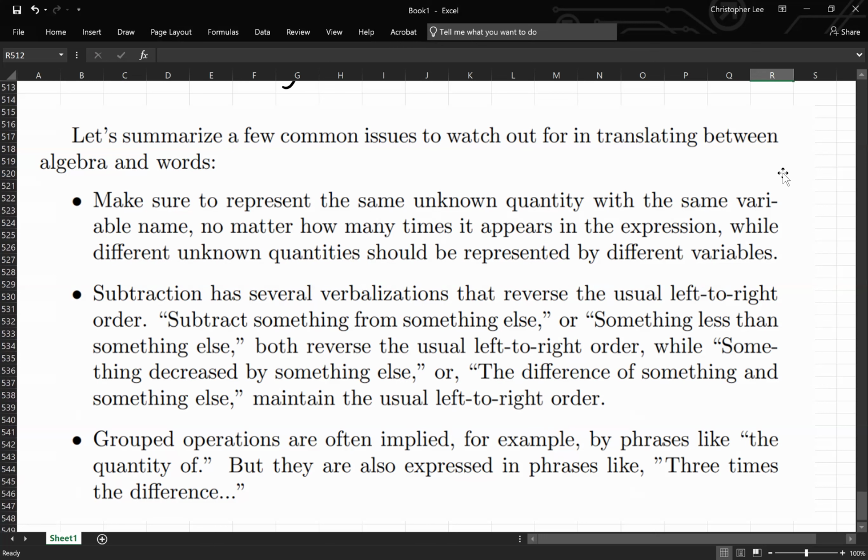Subtract something from something else, or something less than something else, both reverse the usual left to right order, while something decreased by something else, or the difference of something and something else, maintain the usual left to right order. Grouped operations are often implied, for example by phrases like the quantity of, but they are also expressed in phrases like three times the difference. So you just got to be careful of that.